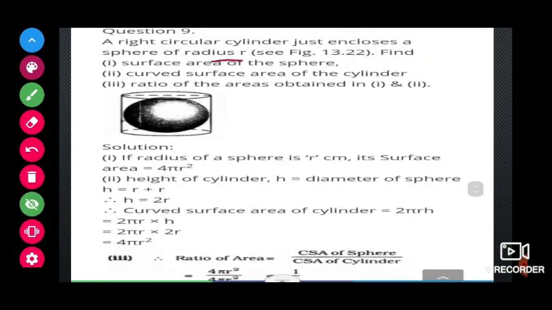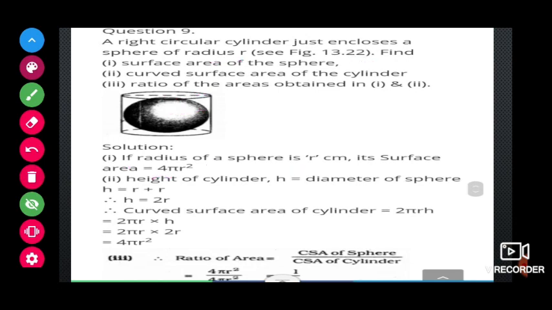The same radius will be there for the cylinder also, no? So if the radius of the sphere is r centimeter, then the surface area will be 4 pi r square. First, the surface area of the sphere will be 4 pi r square.